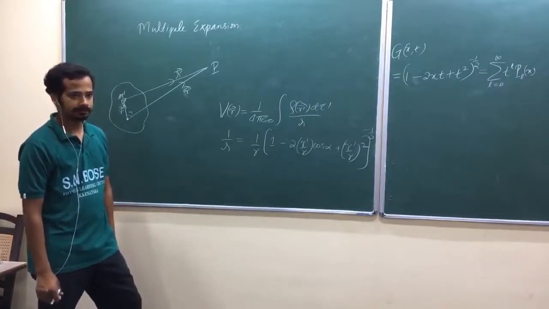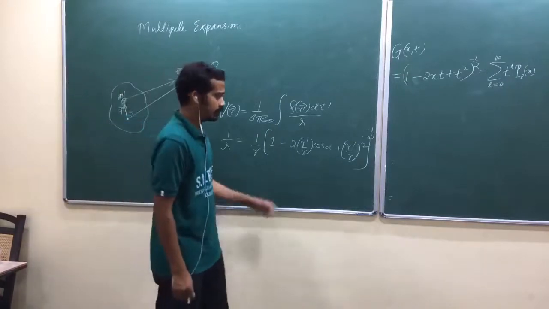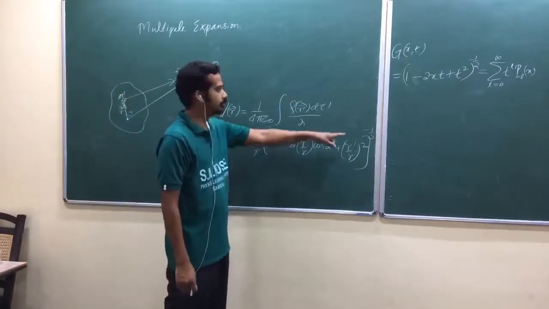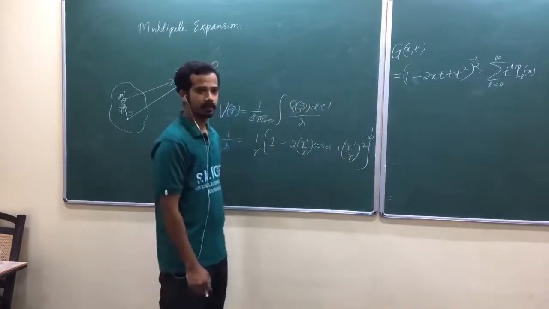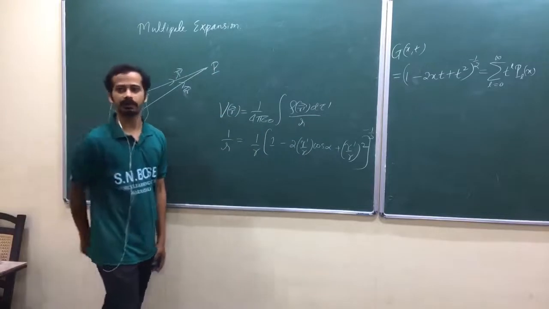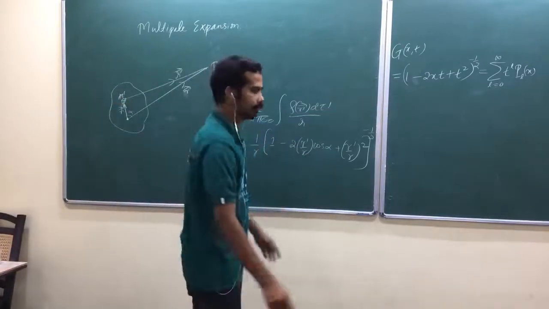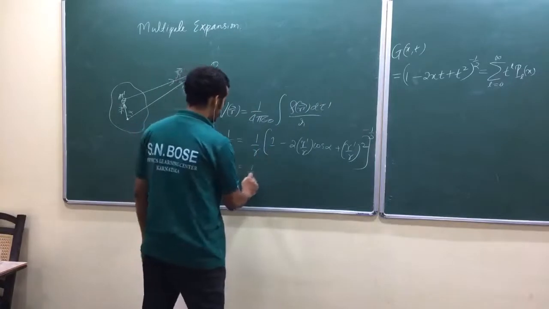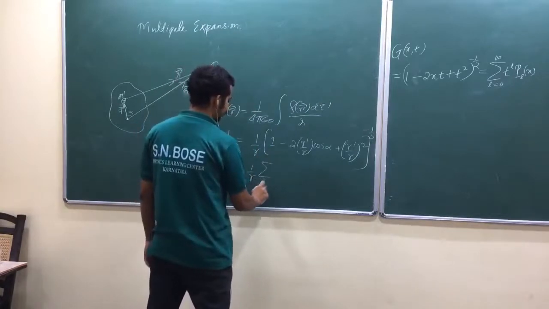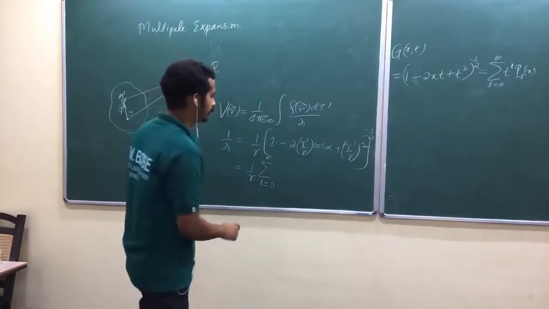Isn't it? It was in the denominator. I have taken it into numerator because I want to see that one. Now, can I write directly? In the book, he has done binomial expansion. Then he has shown those individual terms are like that. So now what I do here is I am going to write it directly. Summation over L equal to 0 to infinity. What is t? The role played by t?